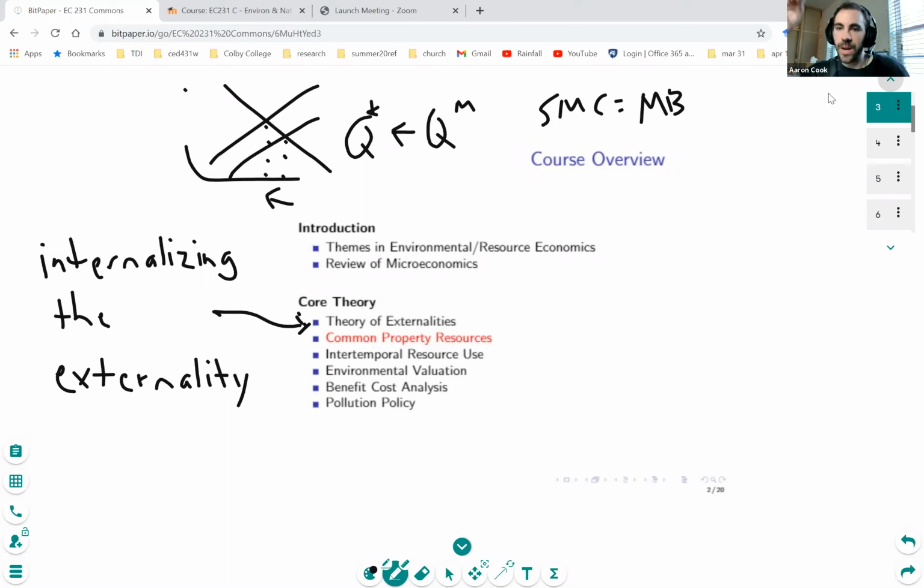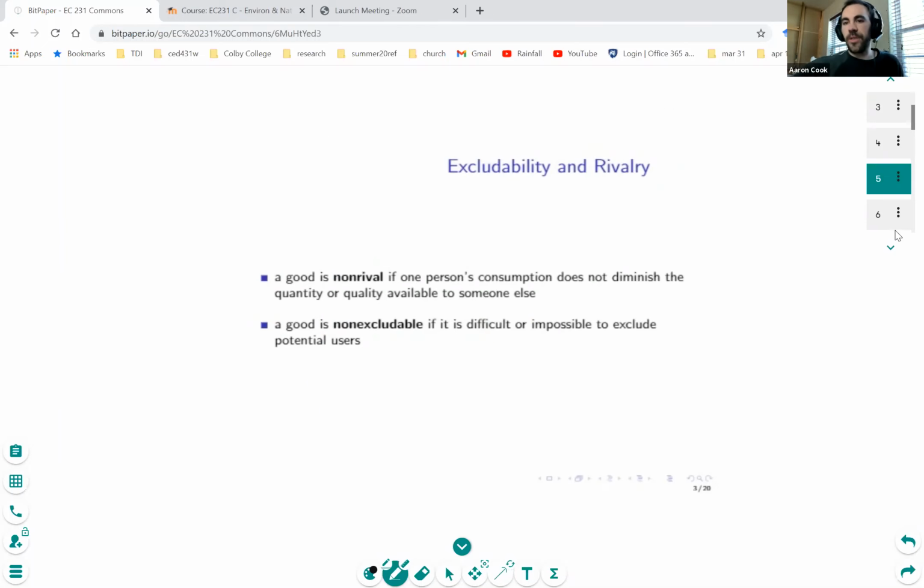We're going to move next into this topic of common property resources and public goods. Okay, so as we think about public goods or common property resources, there are two characteristics that matter for how those goods are treated economically.